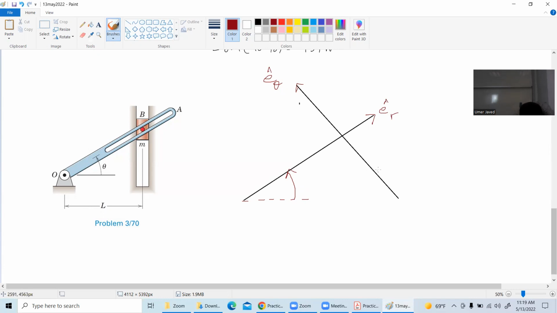There is one force in this direction. Oh, okay, now I understand the question of Hamza, because it's not easy. There is one force at 90 degrees. So there will be a force in this direction.